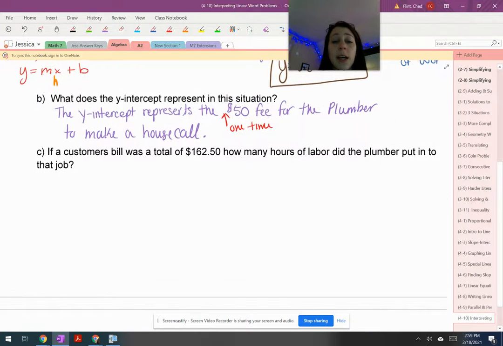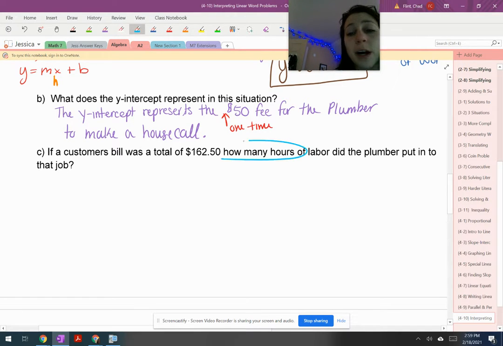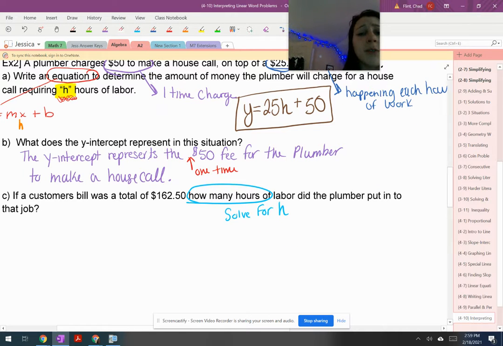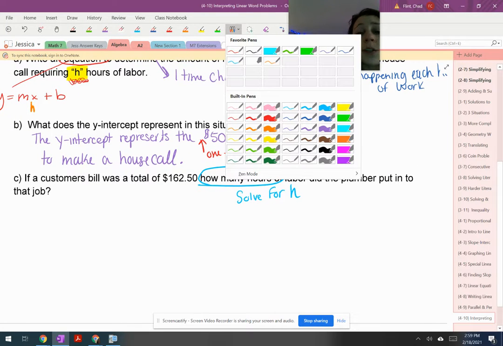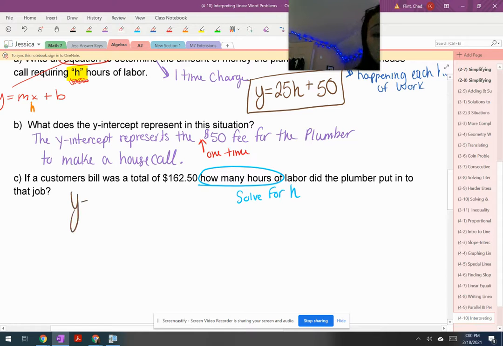And last but not least, part C, if a customer's bill was a total of $162.50, how many hours of labor did the plumber put into that job? So again, they're asking for how many hours. So that means we're going to be solving for H. And again, we did all the work to create that equation, so we're going to use that equation, y equals 25h plus 50.